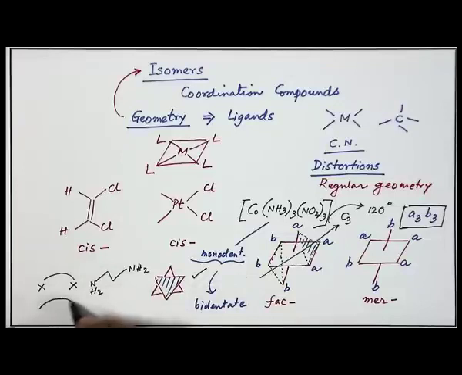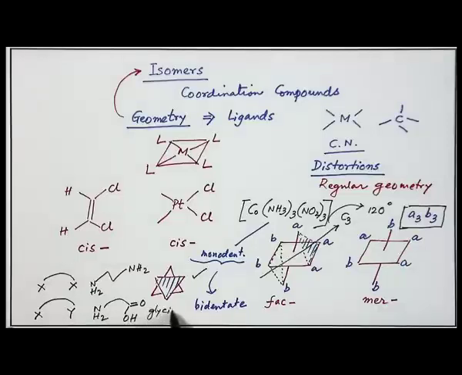Or we can have an XY type bidentate ligand, which is glycine, with NH2 and C double bond O and OH, CH2, the simplest possible amino acid, where the nitrogen coordinates to the metal ion center and the oxygen from the carboxy end of glycine is bound to the metal ion center. So we can have much more complex things.